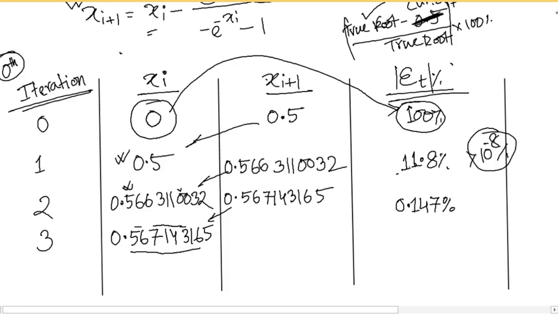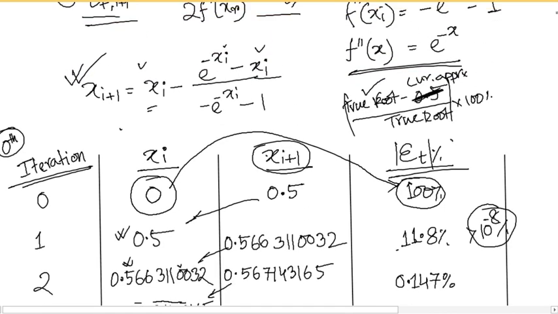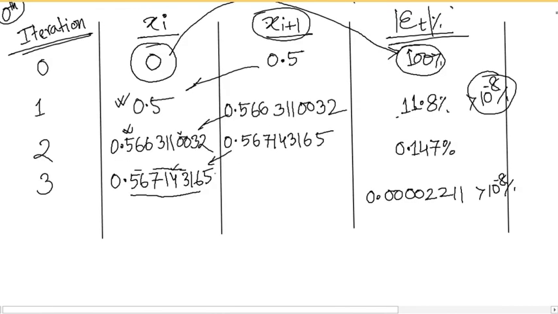So let's calculate the true epsilon t, the percent relative true error, and it will be 0.0002211, but still it is greater than 10 to the power minus 8%, and that's why we need to go for another step.